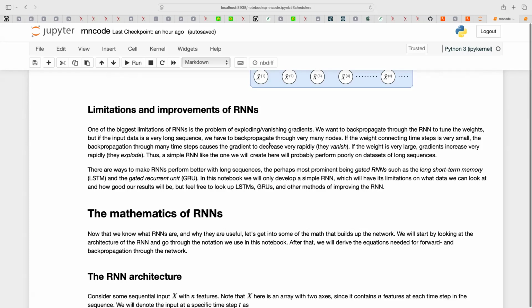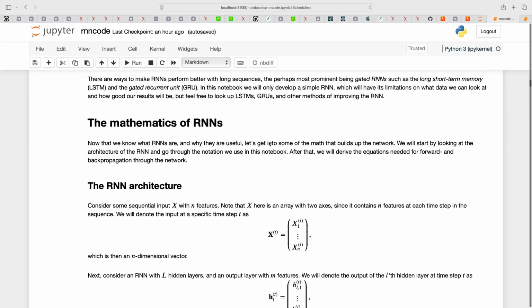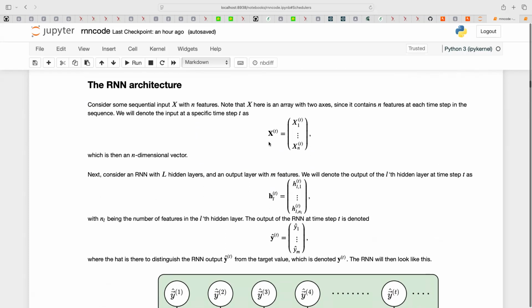So now that we have reminded ourselves about the structure of an RNN, we are going to look at the mathematics and the type of equations which we have to implement. Let's just set up the basic variables. These are the variables which I will use.